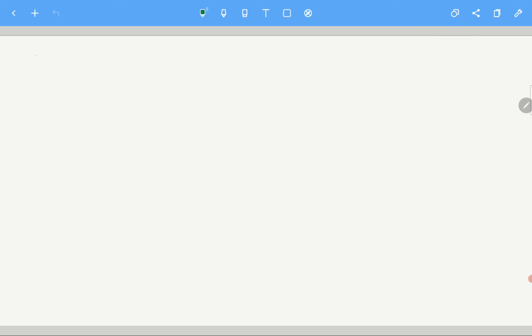Now, you define a function u of x, which is C1 u1 plus C2 u2 at the point x. Now what do you think happens to this function?